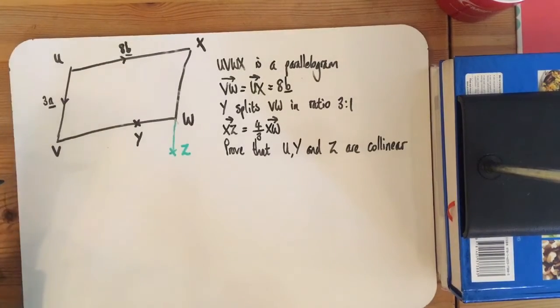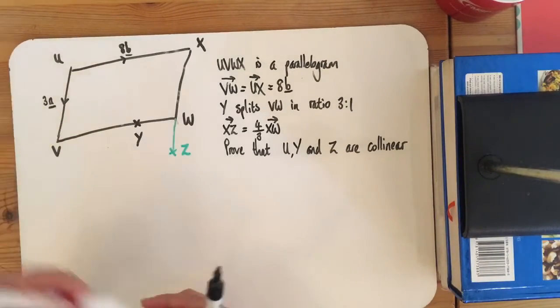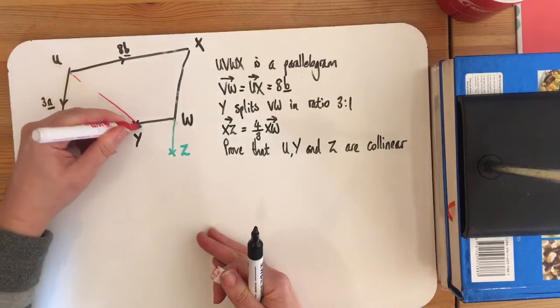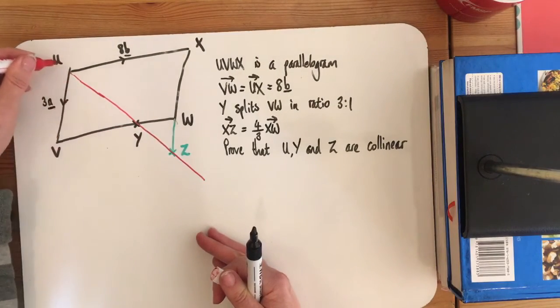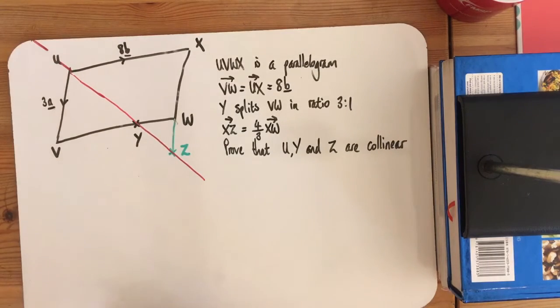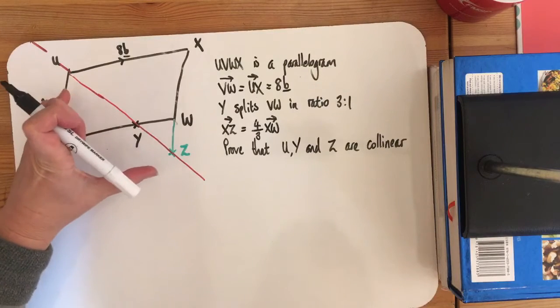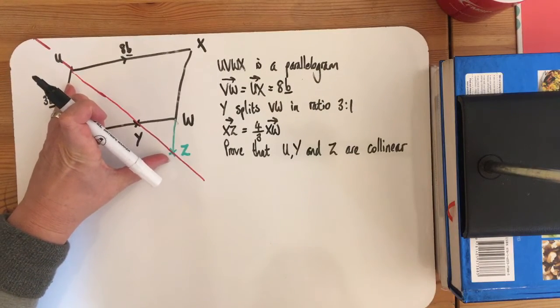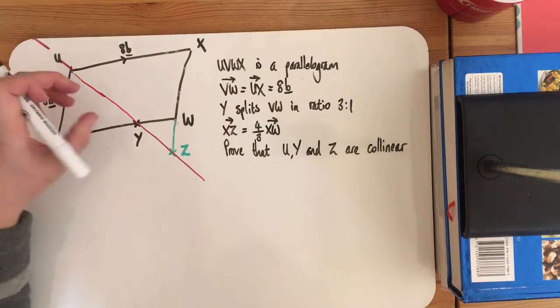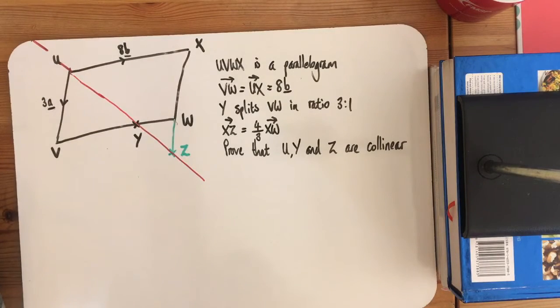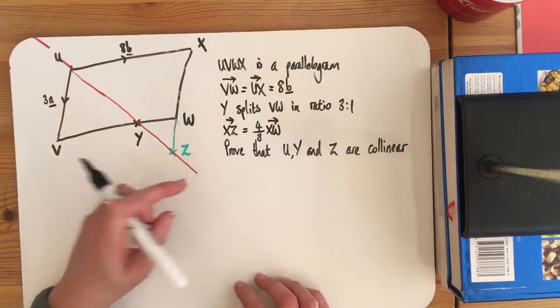What this means is that if they are collinear, U, Y and Z will all lie on the same straight line. So what we can do is basically prove that UY and UZ are parallel vectors, and if you have two parallel vectors with a point in common, then these three points must be collinear.